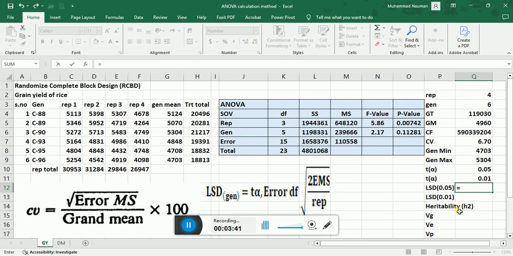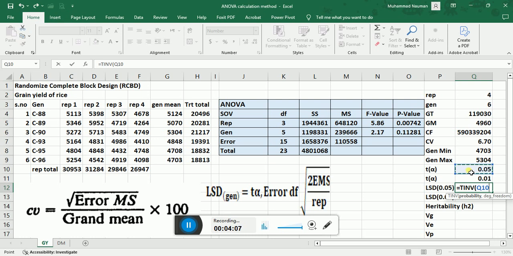Type is equal to, now type TINV, double click on TINV, probability. Now mention the cell where the probability is mentioned, 5% level. First we will calculate according to 5% level of probability.